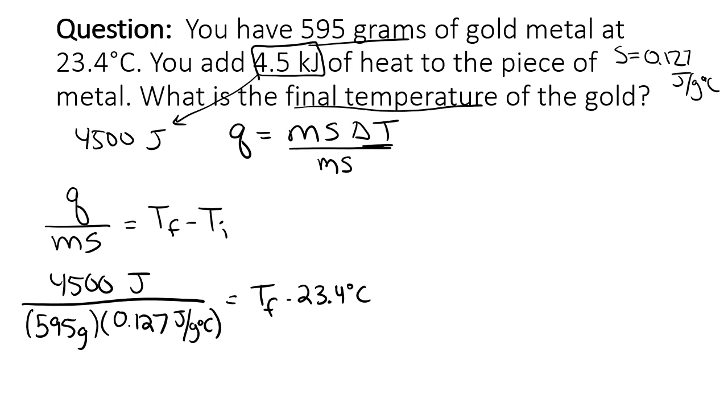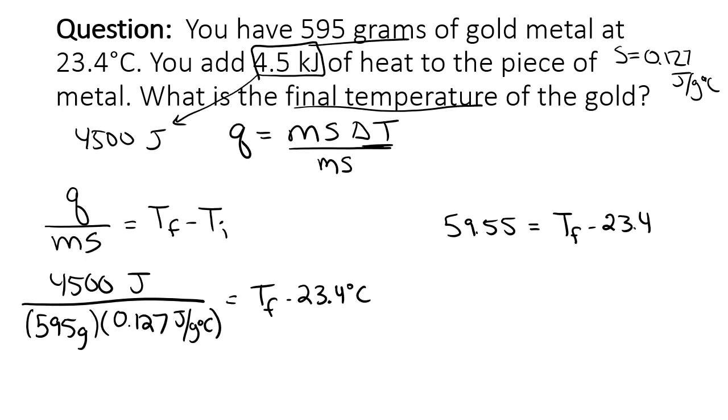When I enter in the values on the left, the 4500, the 595, and the 0.127, I get an answer of 59.55. That's going to be equal to the final temperature minus 23.4.